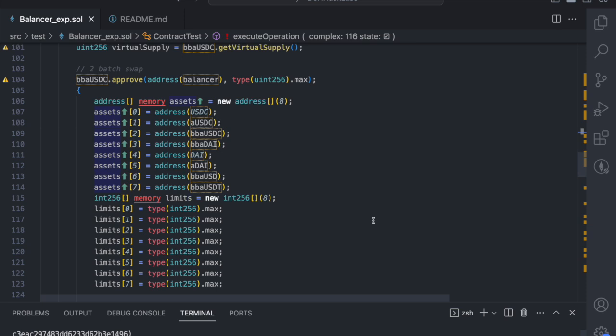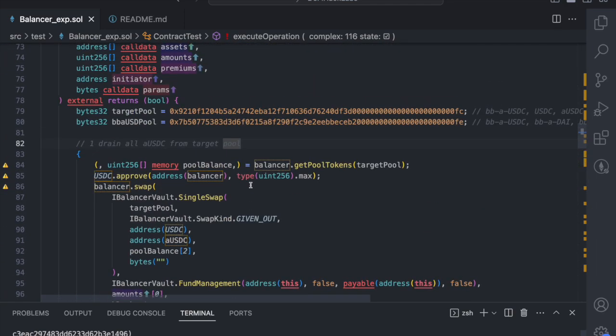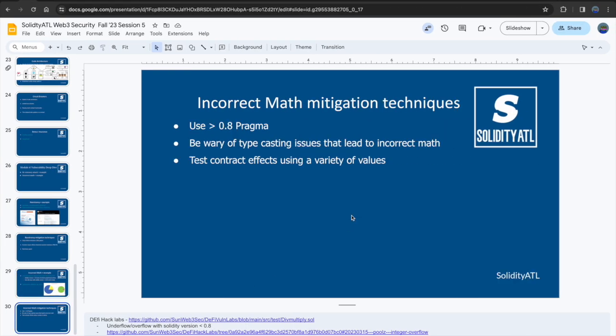Would that change how many people can withdraw? This is really important, and it's an easy slip. Honestly, it's easy for developers to create math that impacts their protocol in a negative way, for whatever reason. So let's take a look at the ways to mitigate these incorrect math techniques.